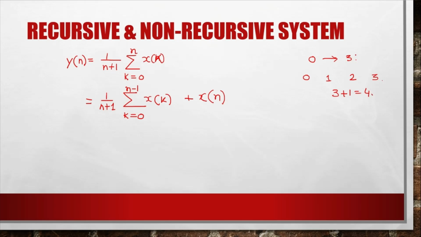So if I take it as n, it will be n plus 1. The expression is taking all the inputs and then taking the average, right? It is dividing the total summation by the number of inputs.